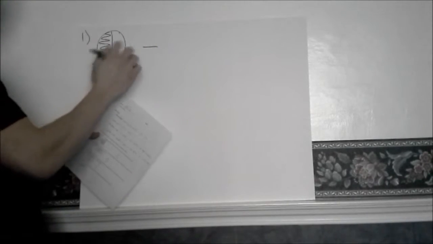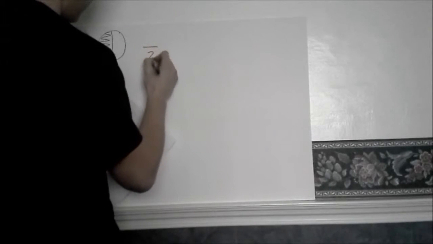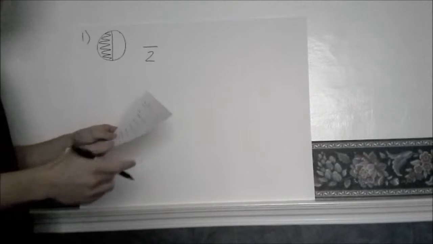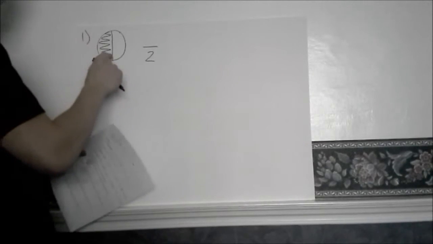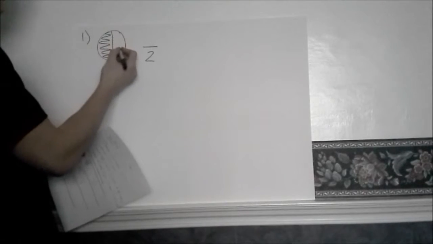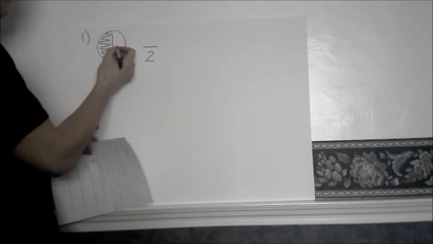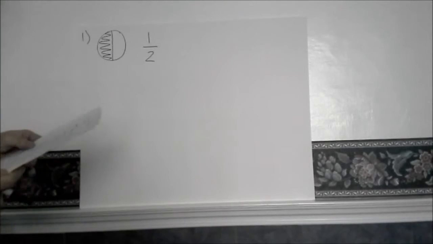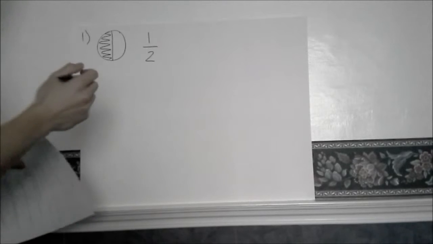So in this case, there are 2, because there were 2 pieces of pizza. It wants to know how many pieces were left over. So we ate one of them, so that means you just count how many pieces you haven't shaded in. So in this case, there's 1 piece. So now 1/2 of the whole pizza is left over.